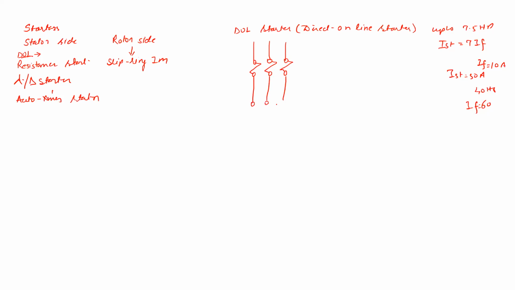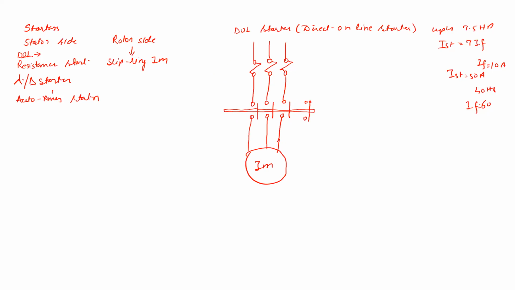This is one contactor to switch on the supply, and this contactor is connected with an electromagnetic plunger. One more contactor is there, the external contactor. Now these terminals are connected to the motor, the three-phase induction motor.